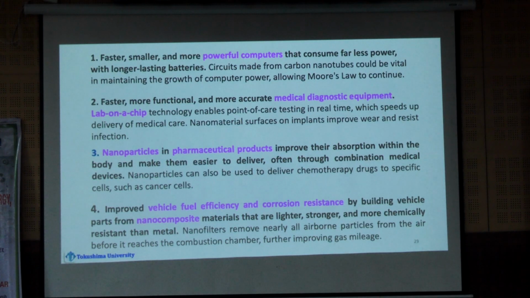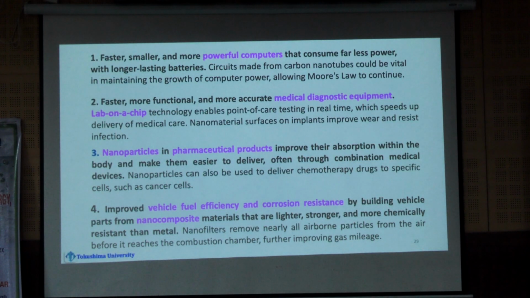Now these pharmaceutical tablets, capsules or whatever syrup we are making, they consist of nanoparticles, and it will improve if we start to use a certain kind of new nanoparticle in pharmaceutical products.